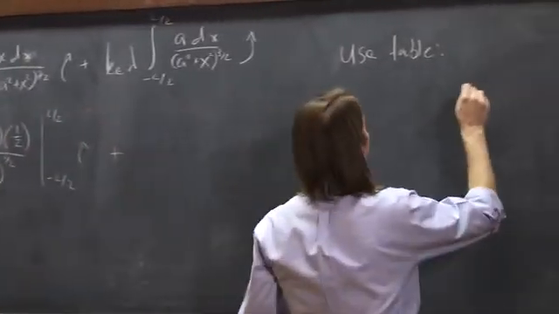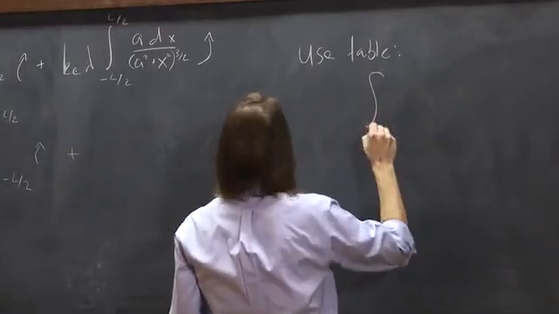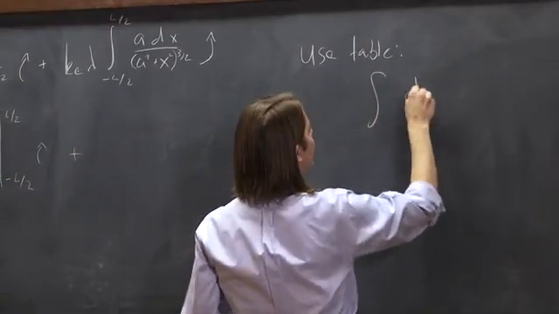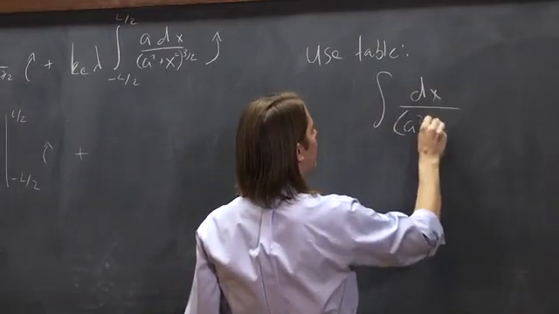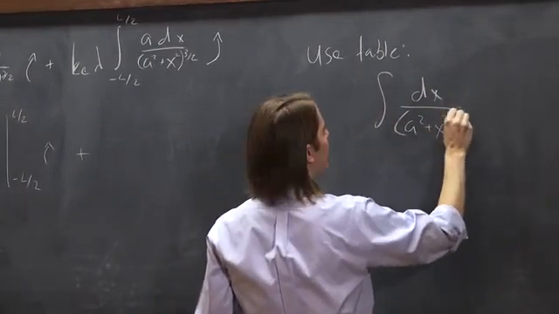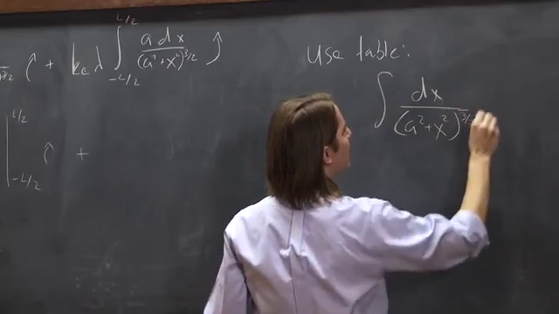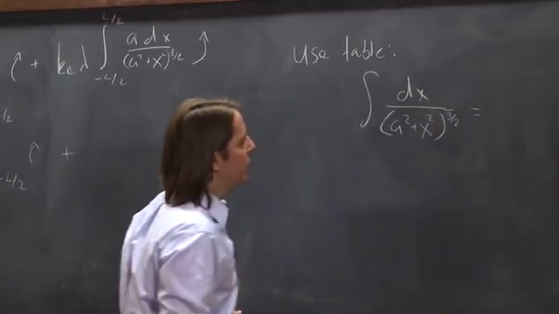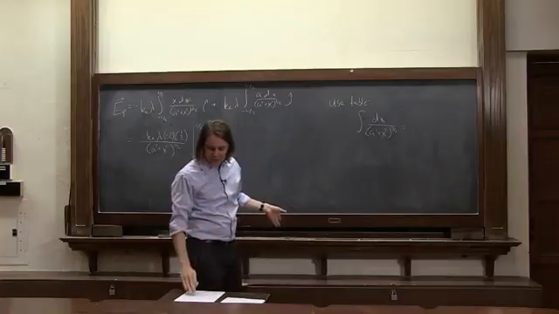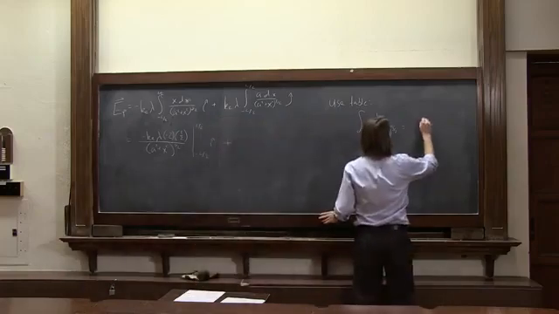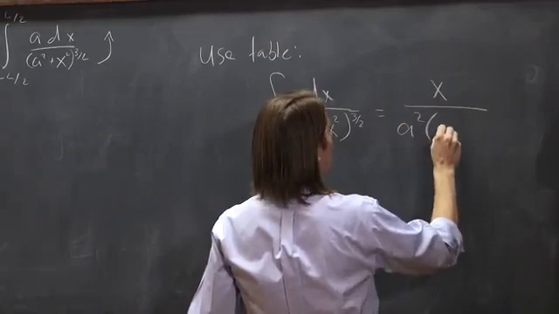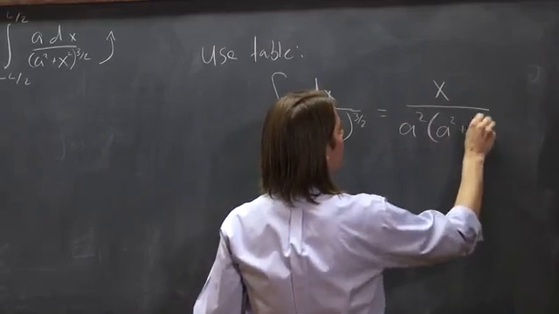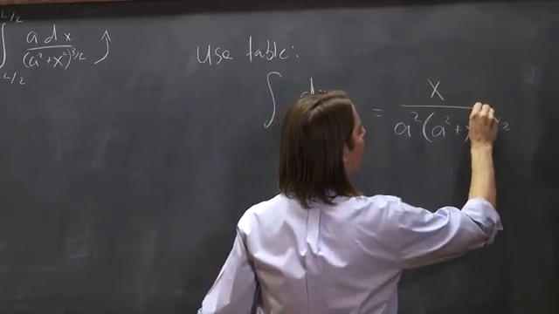So what we're going to use is that if you have the integral of, in this case, dx over a squared plus x squared to the 3/2 in the bottom, that's equal to x over a squared times a squared plus x squared to the 1/2 in the bottom.